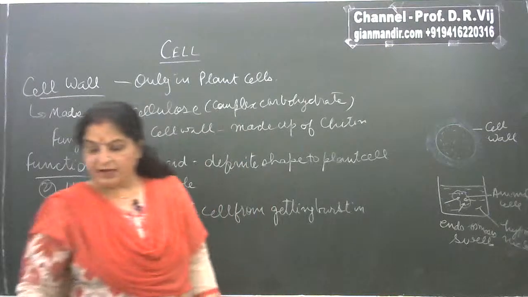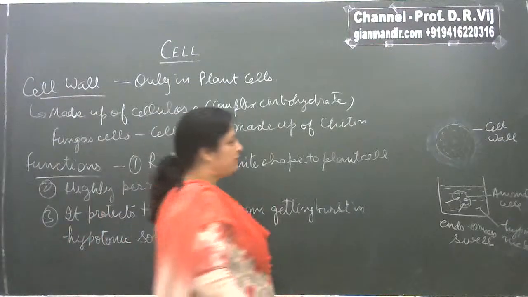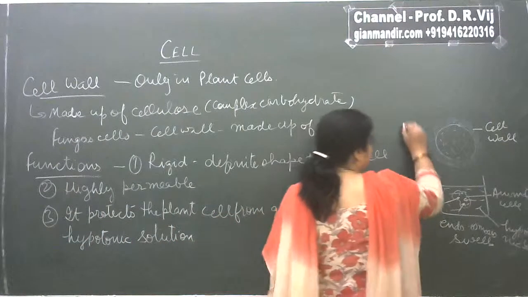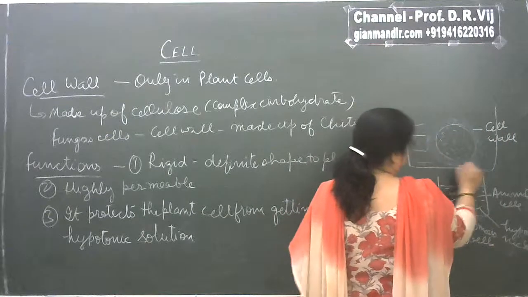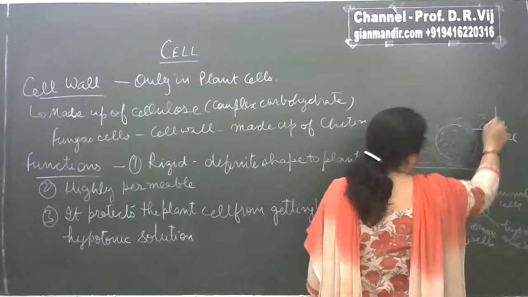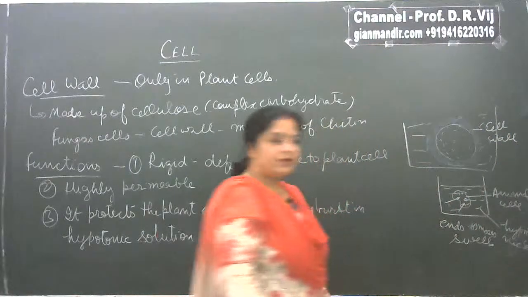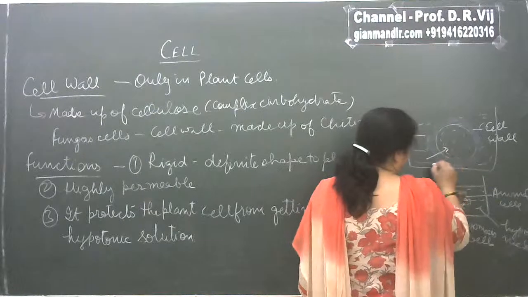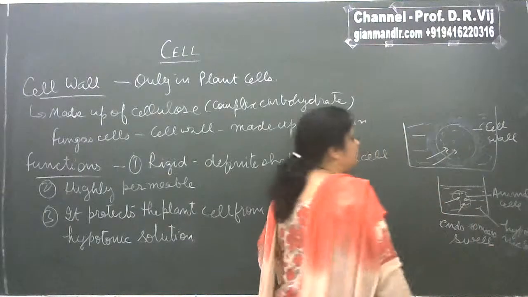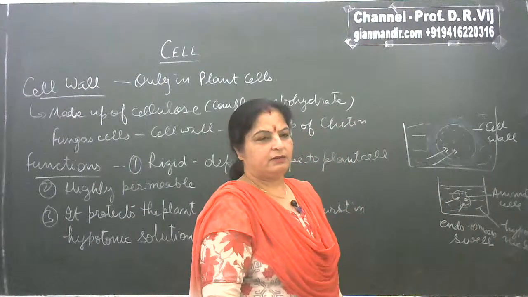But instead of that animal cell, if we would have kept a plant cell, like we have kept this plant cell in the same hypertonic solution, then what will happen? Here also, initially the endoosmosis will occur and the water will enter the cell.